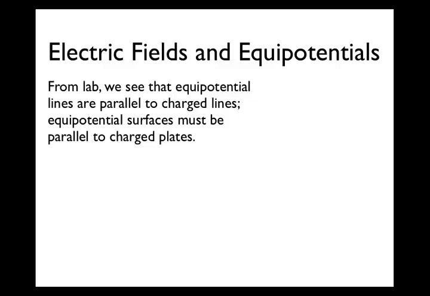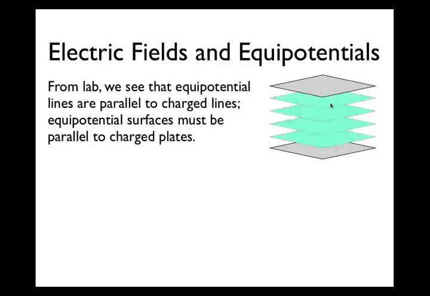If you imagine that that was the side view of a three-dimensional system that consisted of two charged plates, those two charged plates would have a series of equipotential surfaces in between them. So I've tried to sketch that here. Here's my two charged plates, though I didn't sketch which charge was on which. And there would be this series of equipotential surfaces in between.